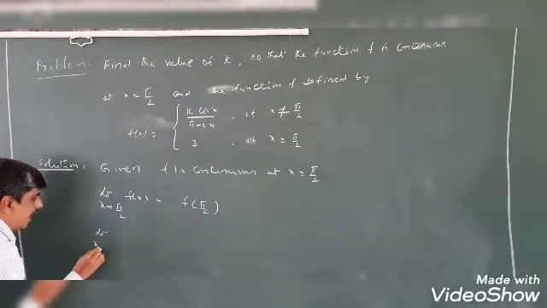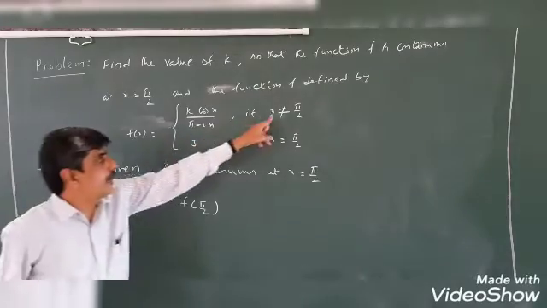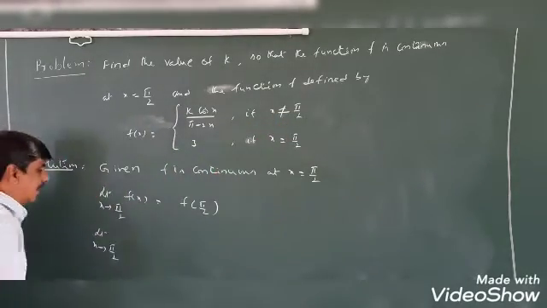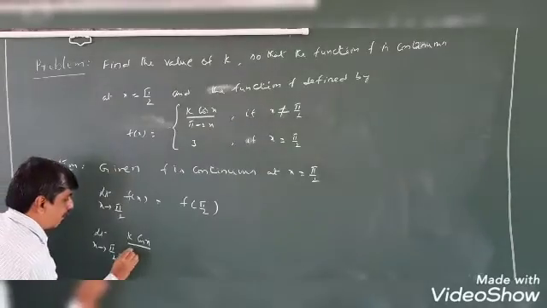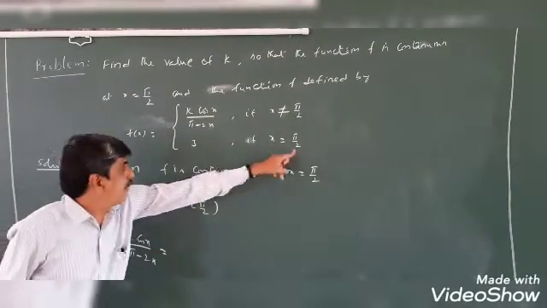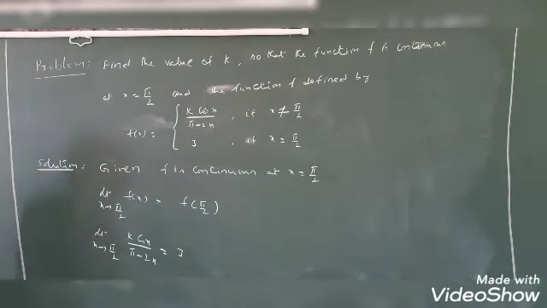Limit x tends to pi by 2 means x not equal to pi by 2. So we have k cos x by (pi minus 2x), and f of pi by 2 is given as 3.